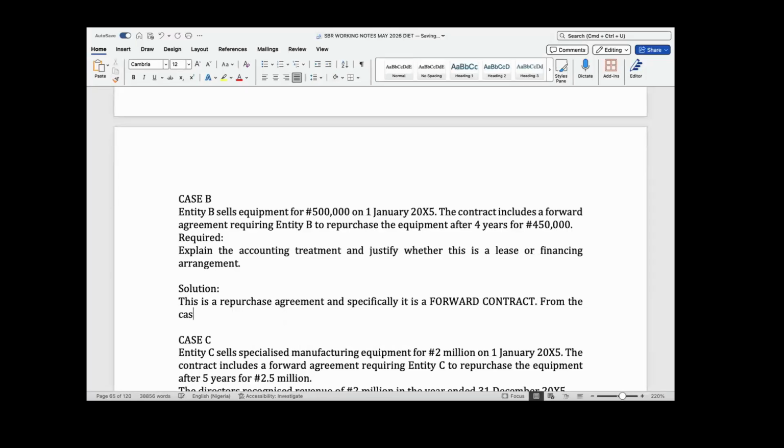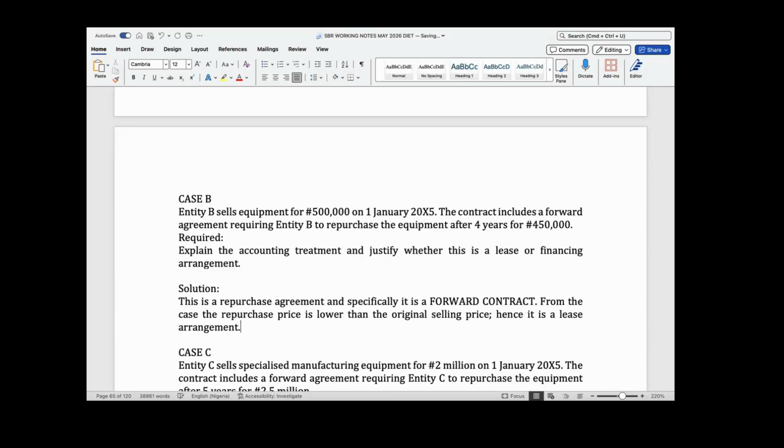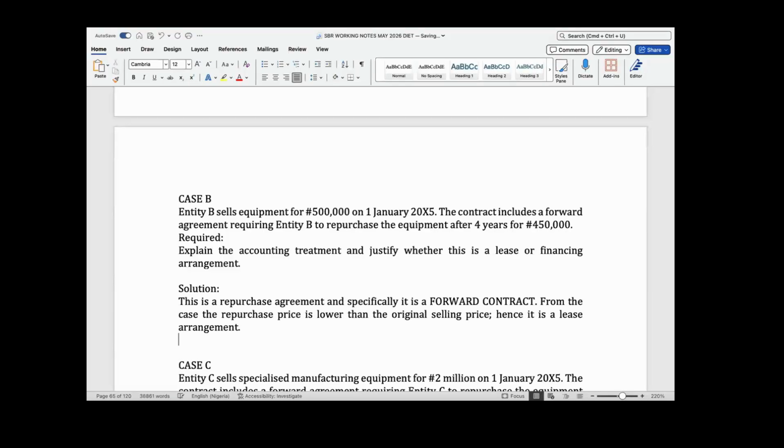And from the case, the repurchase price is lower than the original selling price. Hence, it is a lease arrangement.